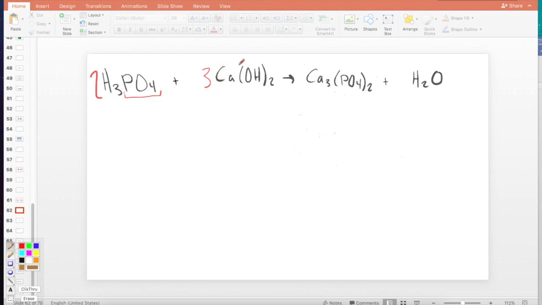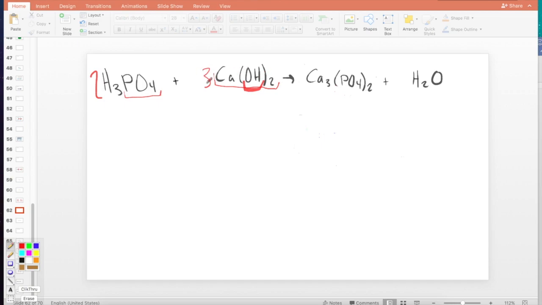Well, each piece of Ca(OH)2 contains 2 of these units called OHs. So, in a single Ca(OH)2, remember what we do with this subscript in the parentheses, you distribute it, I would have 2 H's.